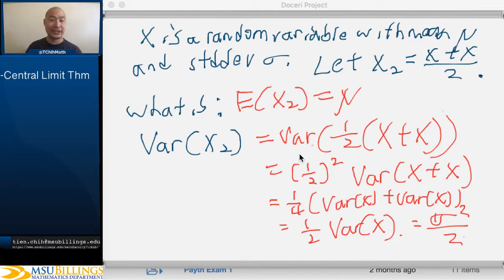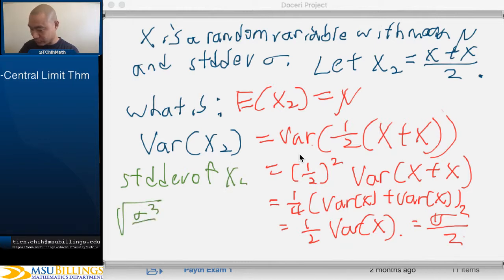If the standard deviation is sigma, then the variance of x is sigma squared. And so the variance of x2 is sigma squared over 2. And then it's worth noting, just as an aside, that the standard deviation of x2 is the square root of sigma squared over 2, which is just sigma over the square root of 2.